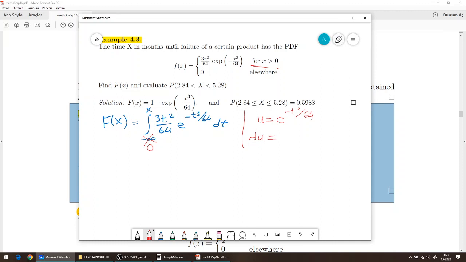We do this variable conversion because it is a complex integral. You see, we have a t square element and also an exponential t cube element. If u equals e to the power minus t cube over 64, what is du? It is the derivative of it.